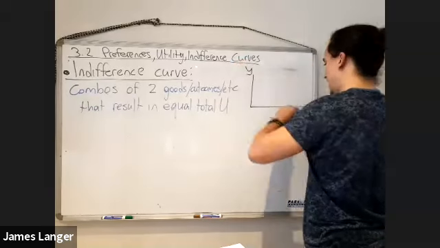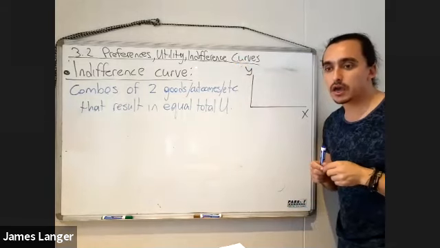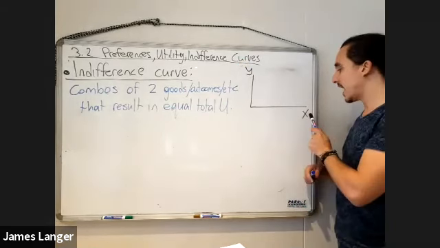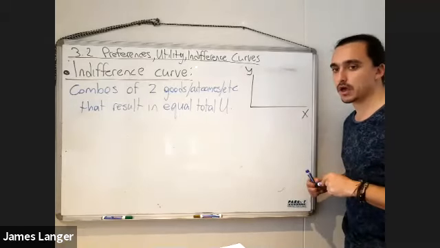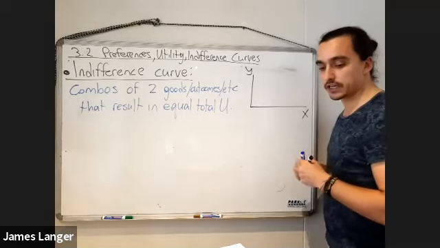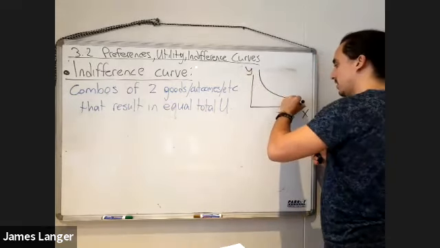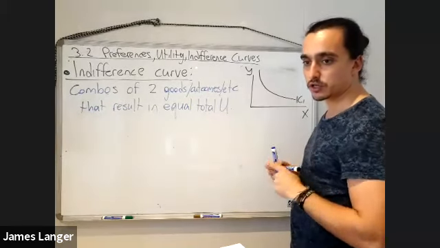Let's just call it Y and X. So Y could be a product, X could be a product, or Y could be an outcome, X could be an outcome. And my indifference curves here, if I draw an indifference curve, I'm going to answer the question.